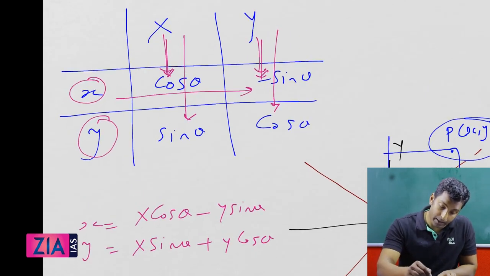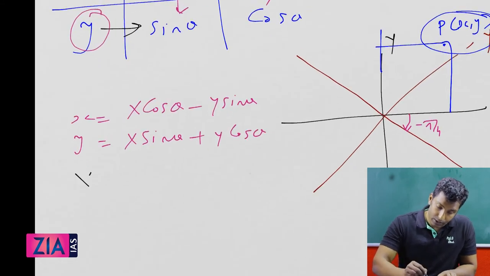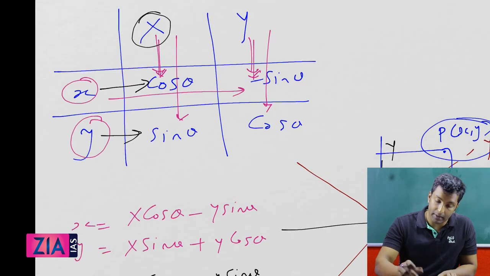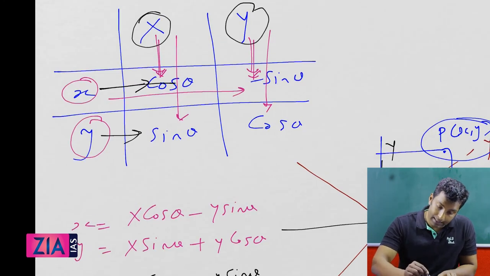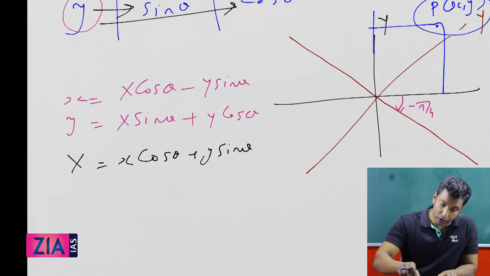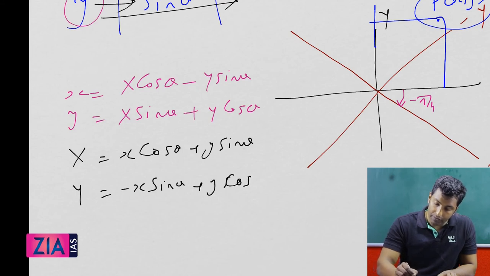Similarly, if you need the new x, you go like this: x is going to be x cos theta plus y sin theta. Similarly, if you need the new y, go like this: y equal to minus x sin theta plus y cos theta.